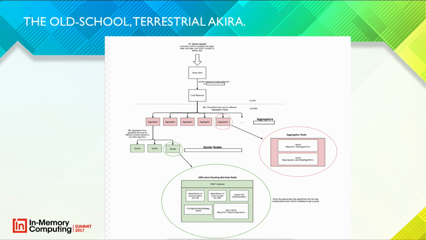The aggregators, you can really think of them as map producers. They then take that request, figure out what node below it, which are called quoters, actually have the data in order to do that job. They do their work, pass it back up, the aggregator reduces it or puts it back together, and sends the request back out to the client.